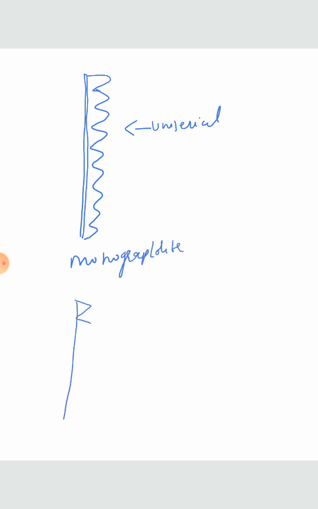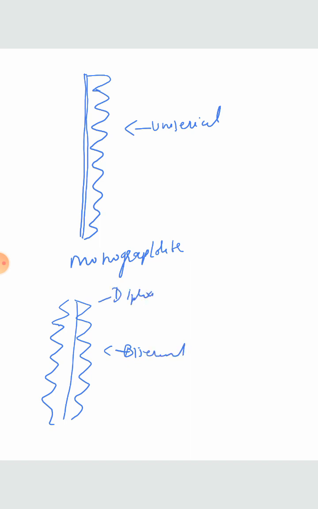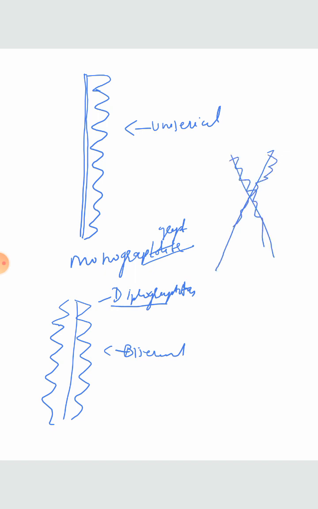If the theca are associated on both sides, this is called biserial, and this is called diplograptolite or diplograptus. This is called the monograptus. The third is when there are four rows, tetraserial. This is called the cyclograptus.